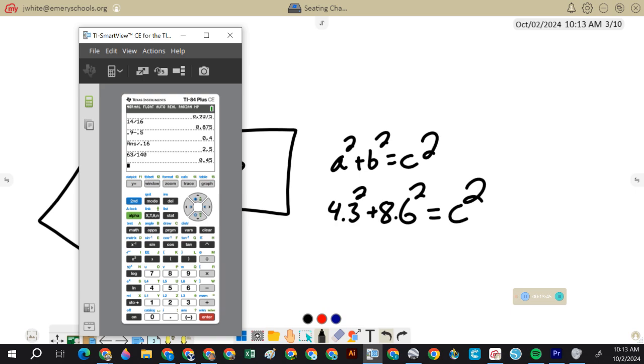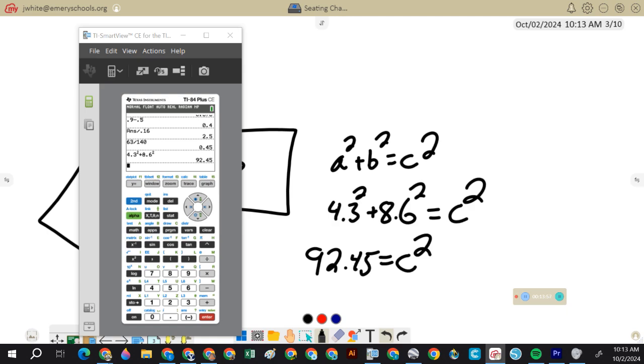So 4.3 squared plus 8.6 squared, I get 92.45 equals C squared. How do I calculate C? Take the square root. So we'll raise that to the 0.5. 9.61. That is the distance of C.